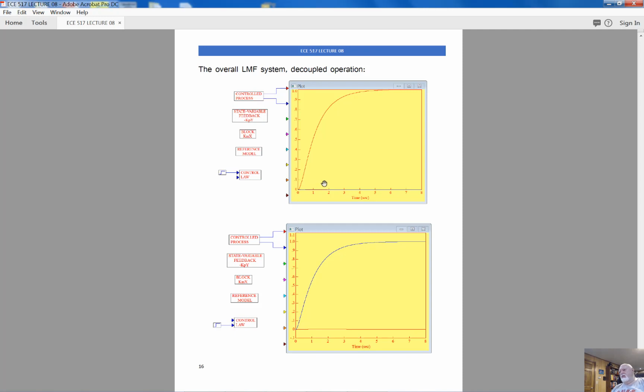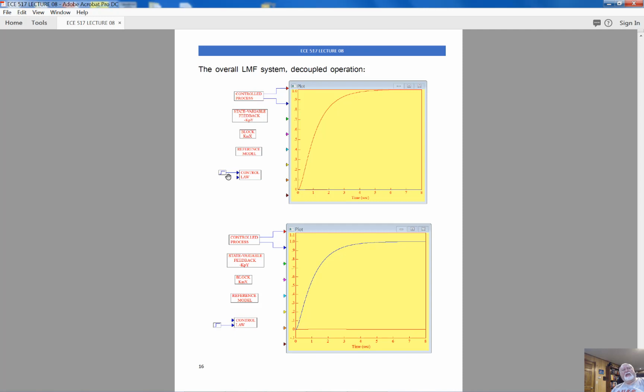And I want you to see very clearly that the first output of the controlled plant shows a nice, properly controlled transient process. And the second output is effectively equal to 0. It should be exactly equal to 0.